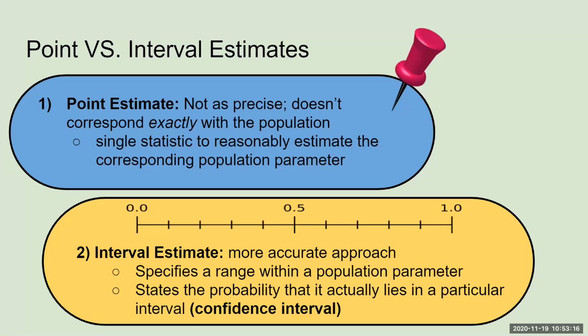Now, the second kind of estimate is an interval estimate. This one is a more accurate approach. Here, we specify a range within a population. In other words, we state the probability that it actually lies in a particular interval. This particular interval is what we call a confidence interval.